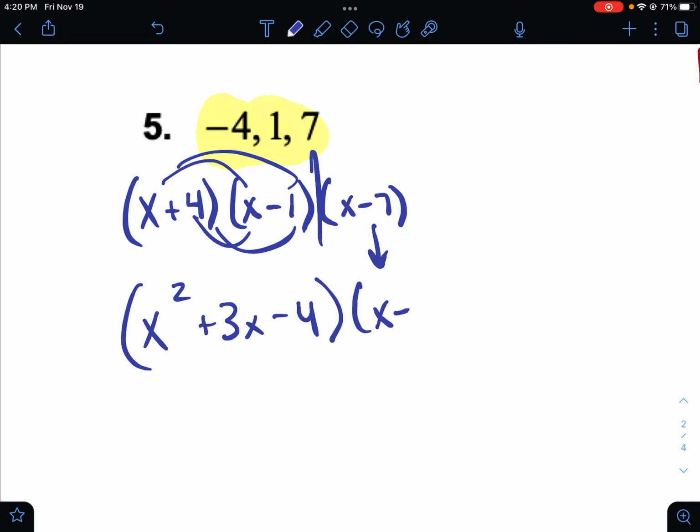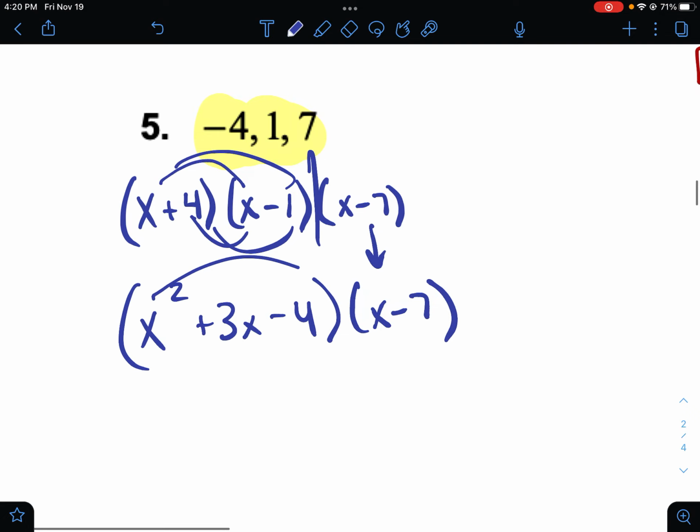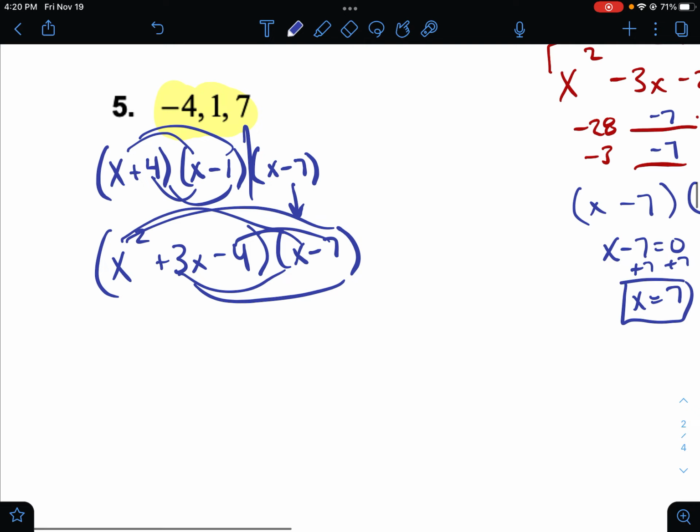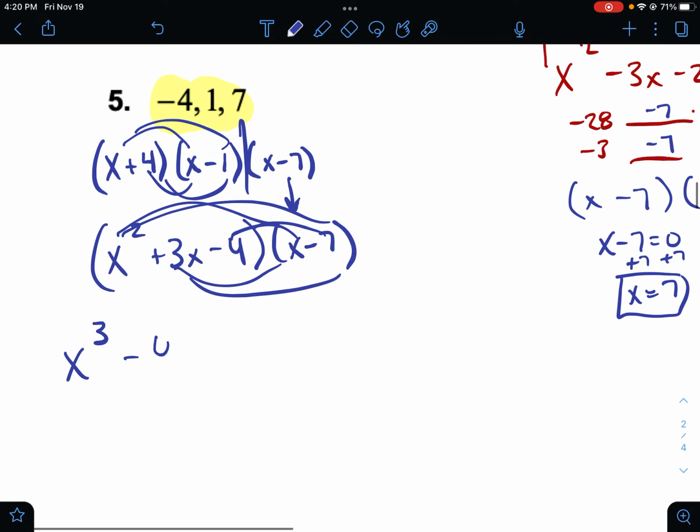And then when you bring this down and do x minus 7, then you need to multiply all of these again. And then what you end up with is x to the third, and it looks like -4x squared, and then you have -21, -25x, and then +28.